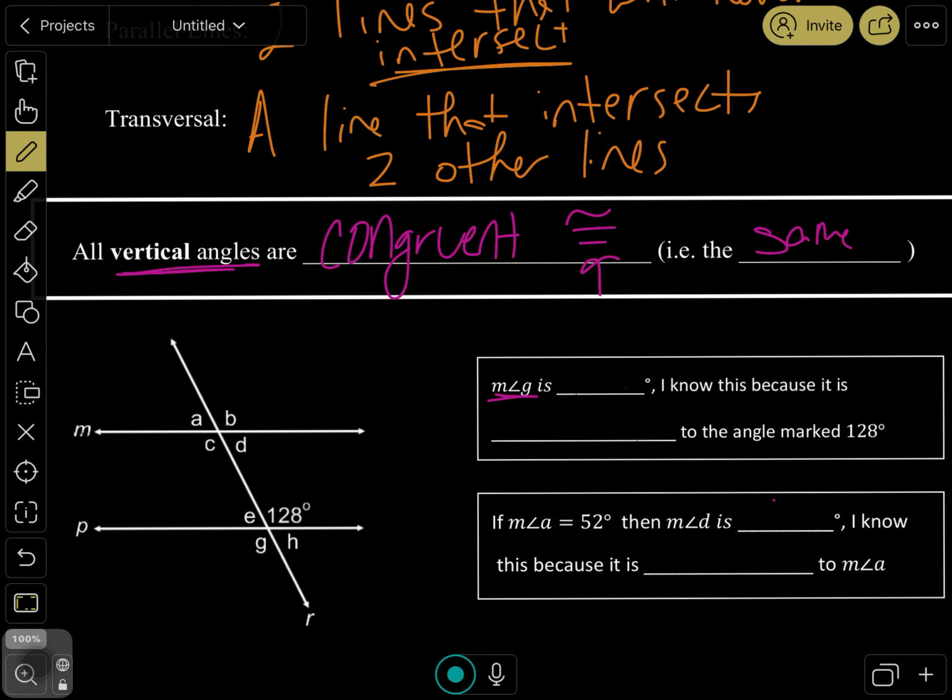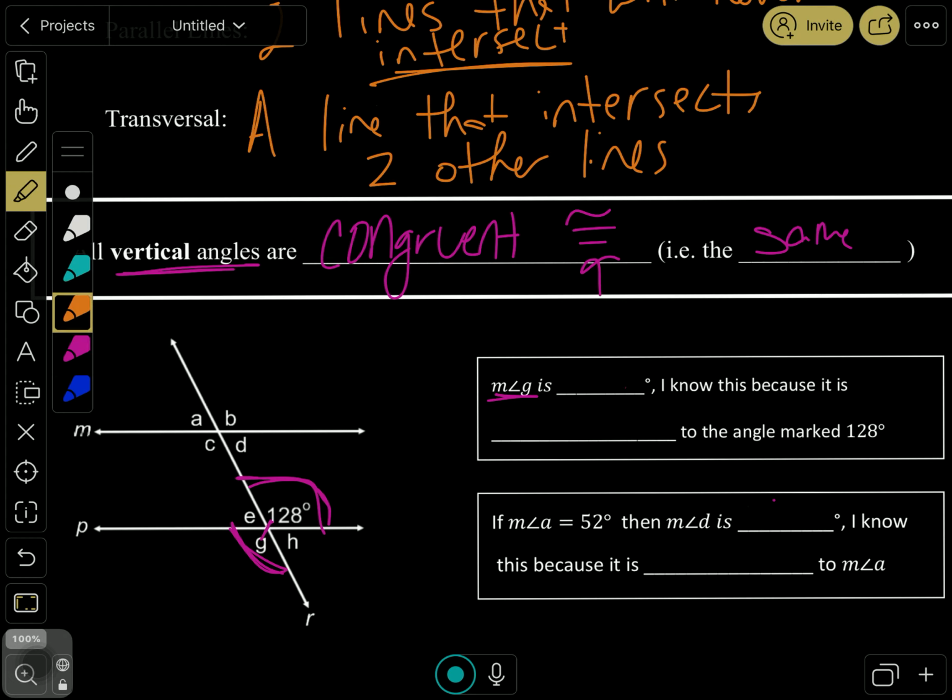Measure of angle G. So I'm looking at angle G down here. Is blank. Well, first thing that catches my eye is I have a 128 degree angle over here. The second thing that catches my eye is angle G and 128 are across from each other. They are vertical angles. What did we just learn with vertical angles? That all vertical angles are congruent.